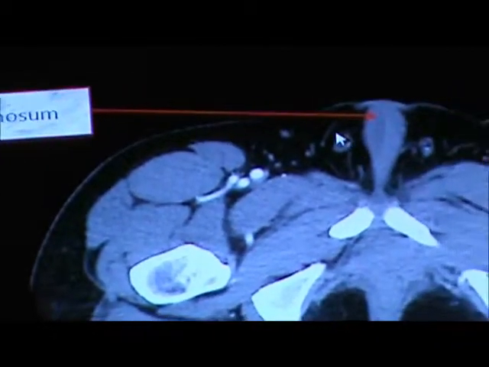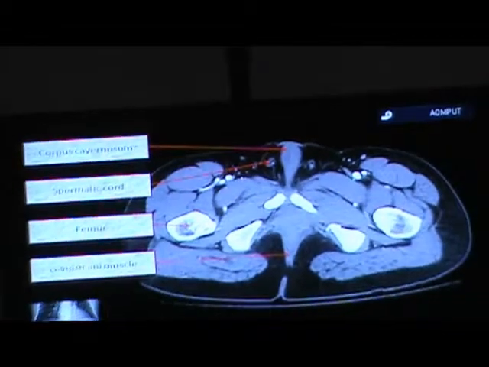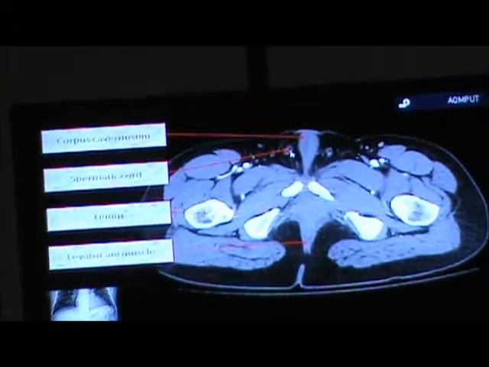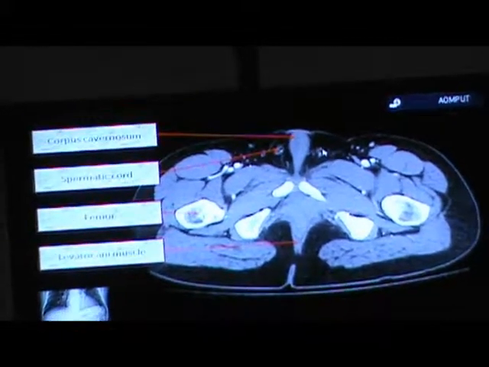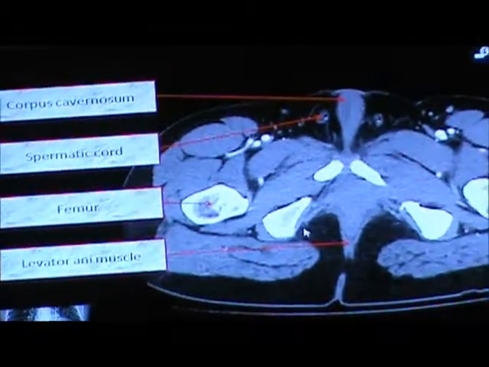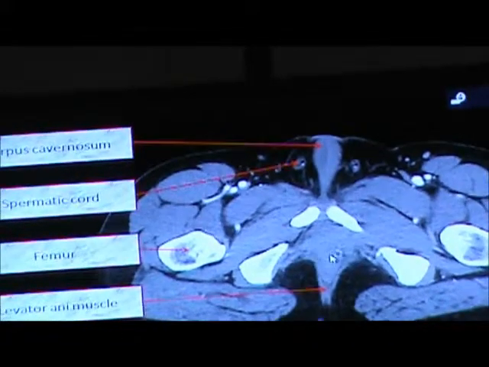Also, this is a part that contains different ducts. So this is the spermatic cord here, right, and the left one is here. And of course also the bony structures, such as femur and tuberosity of ischium.